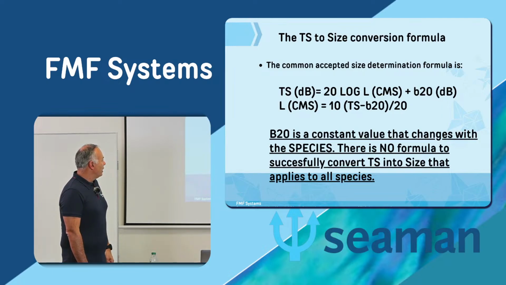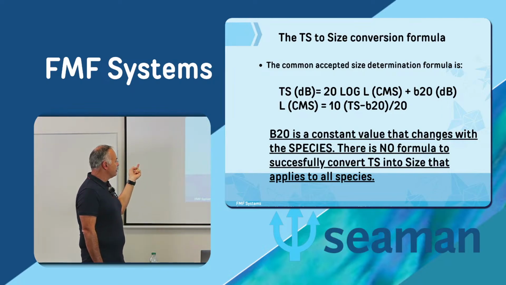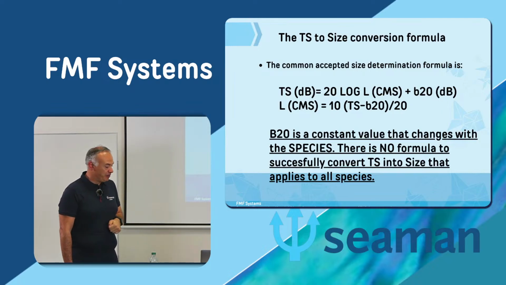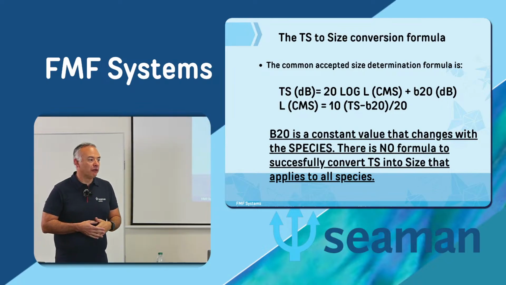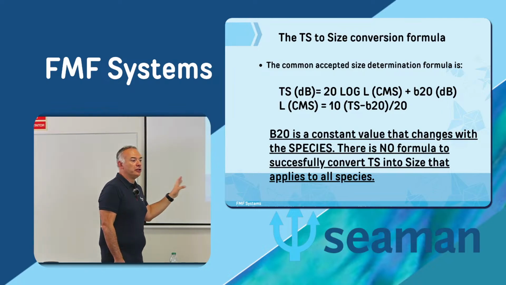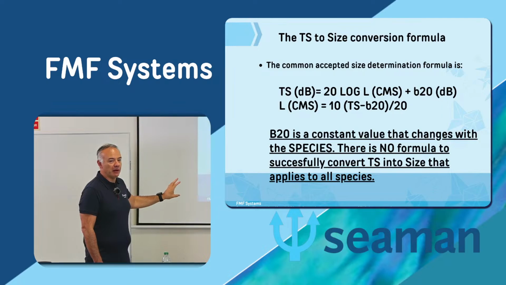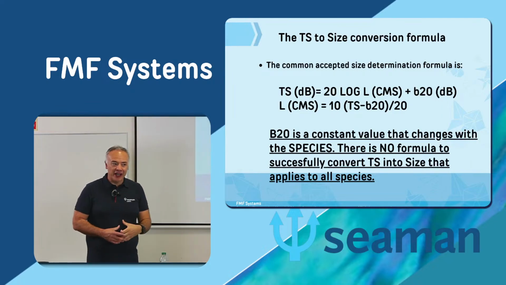But the formula has a constant that we call V20, and this value changes with the species. So when you see a sounder that applies one single formula to all species, then you know for sure that there's a bias in the measurement. It's not possible to apply only one formula to measure all fish. And you will see that sometimes that V20 varies a lot.